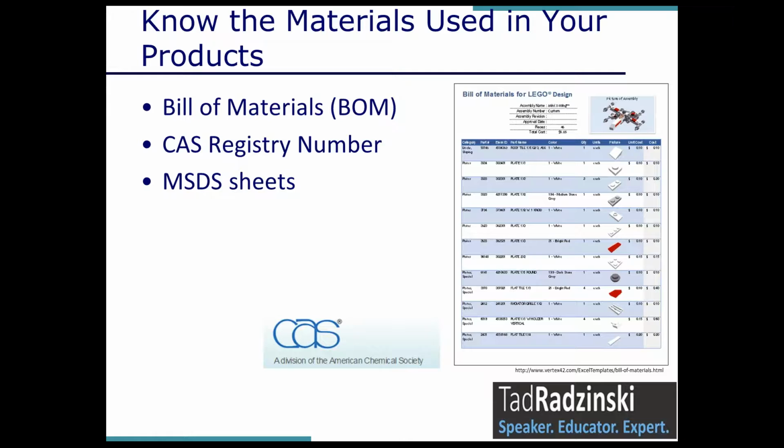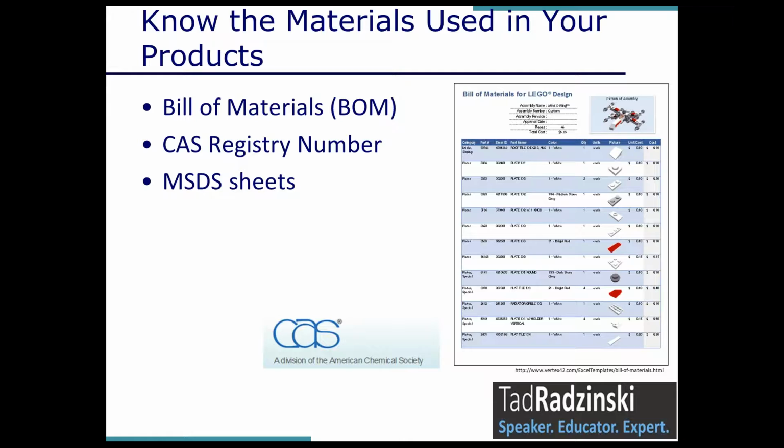The other thing that's really starting to happen, and this has been driven by LEED version 4 and also some requirements now from different corporations trying to understand chemical ingredients within products, is getting down to that Chemical Abstracts Service registry number.